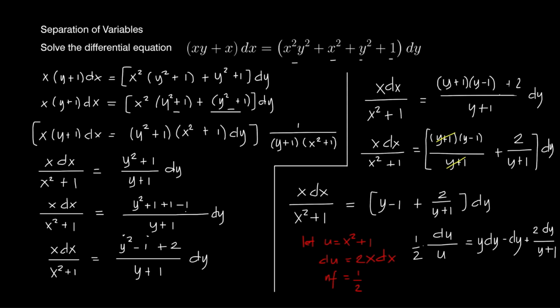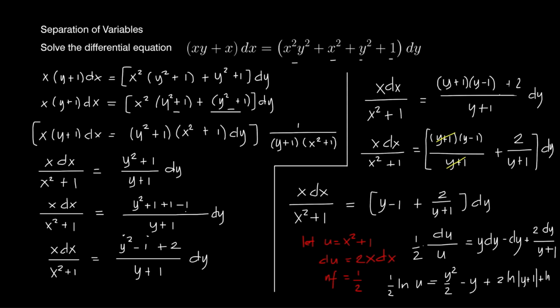So the left side of the equation is 1 half of the ln of u. This one is y squared over 2. This one is negative y. And the last term is just 2 times the ln of y plus 1, then plus c, or we'll use ln of c.